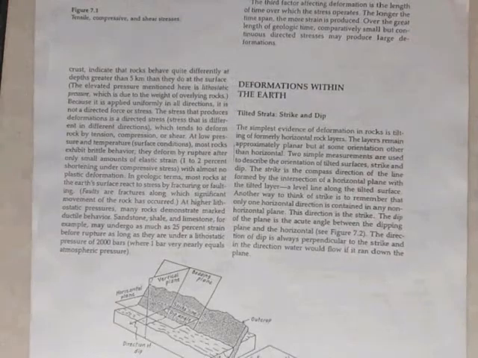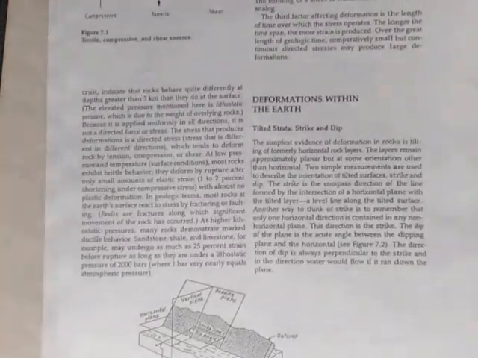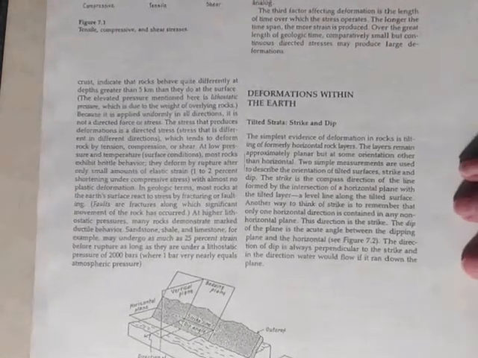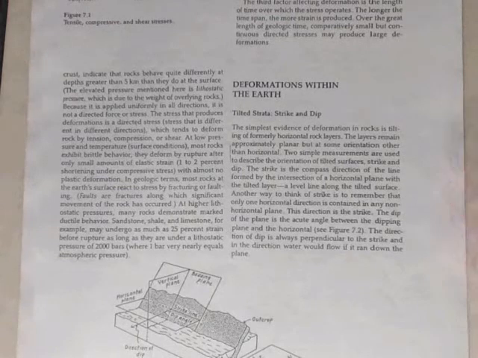But back here on page 2, they begin talking about some of these deformations, the structural names for these deformations. So you've got your stresses that are causing the strain, the deformation.